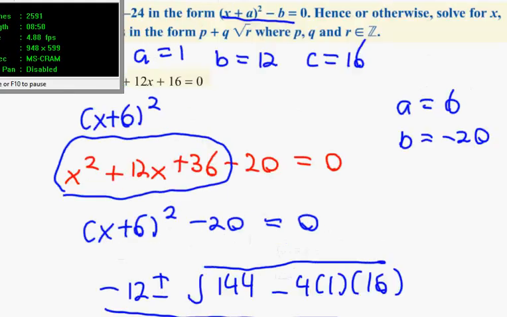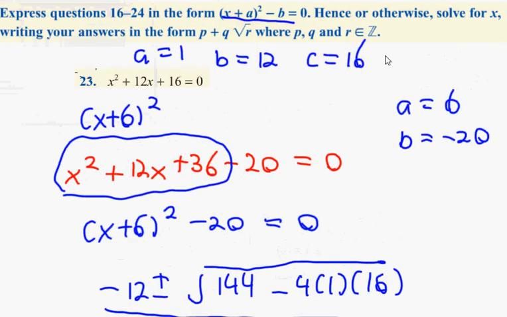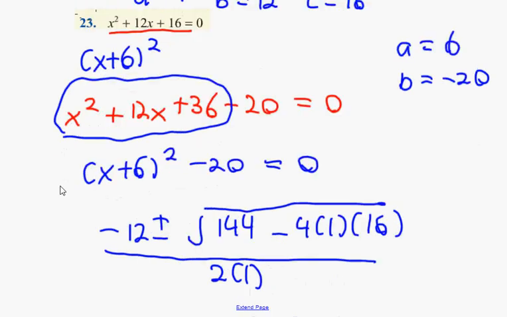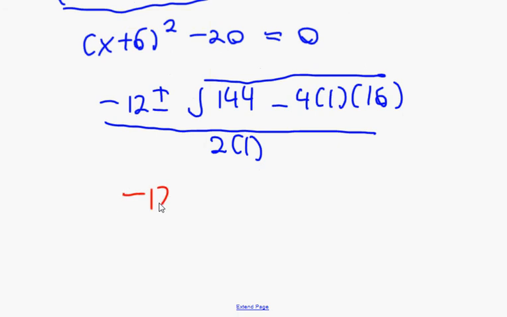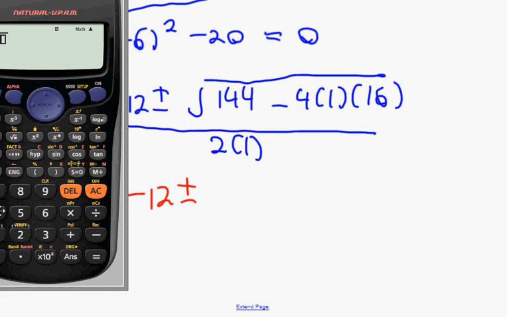Yes, James? Hey guys, so after the first part was done, it asked us to solve for x the following formula. We know the answer is in surd form, which means I was going to use the minus b straight from the start. So what I'm going to get here is minus 12 plus or minus the square root of 144 minus 4 bracket 1 bracket 16.